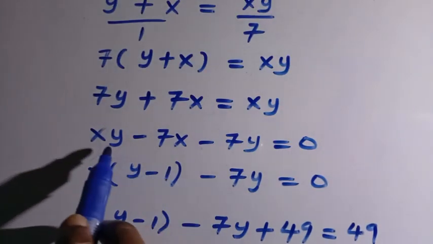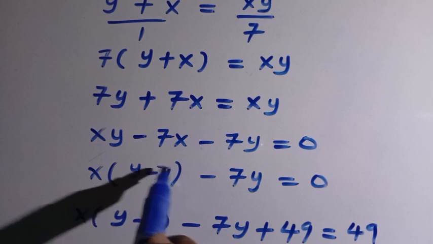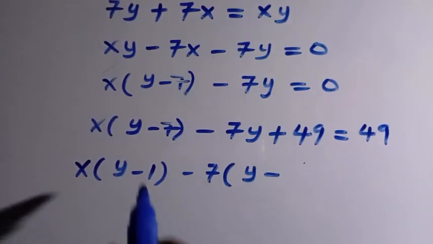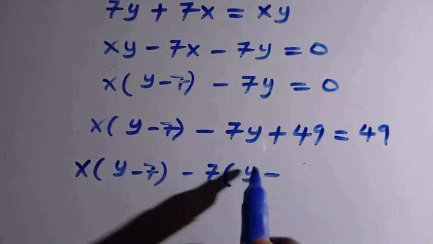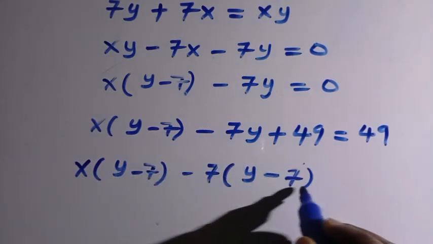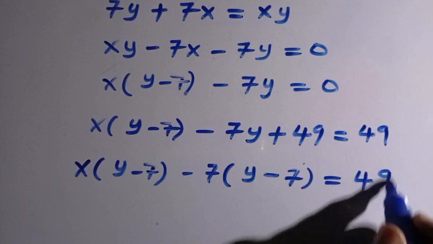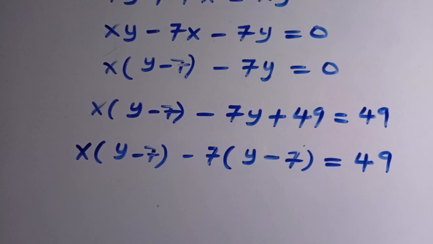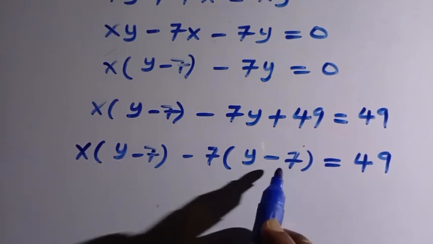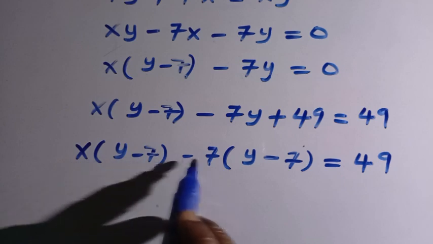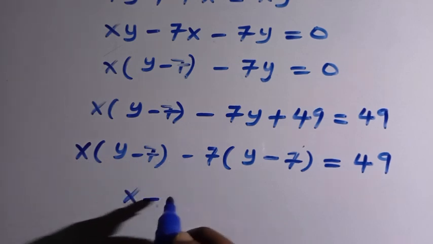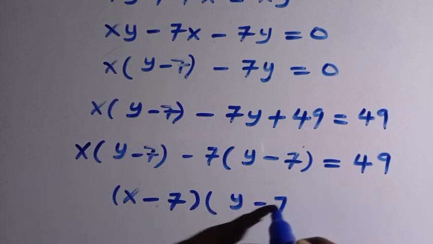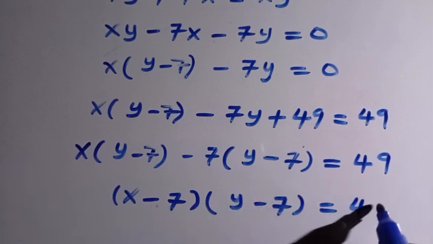Here is going to be, we factor out x, and here becomes 7, and also here is 7. So when we factor out 7 here, we have everything equals 49. So we have y minus 7 here, and here is also y minus 7. So let's combine the coefficients, which is x and minus 7. We have x minus 7, and also y minus 7 equals 49.